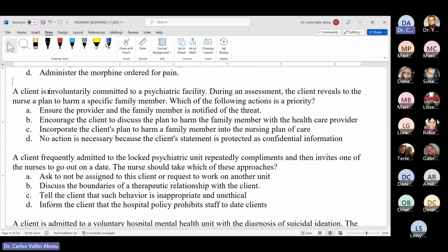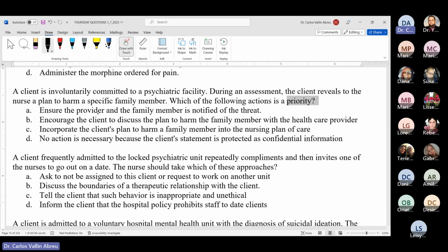Which of the following actions is a priority? So take care. This word priority means that maybe more than one action is okay or correct, but not necessarily is the priority.